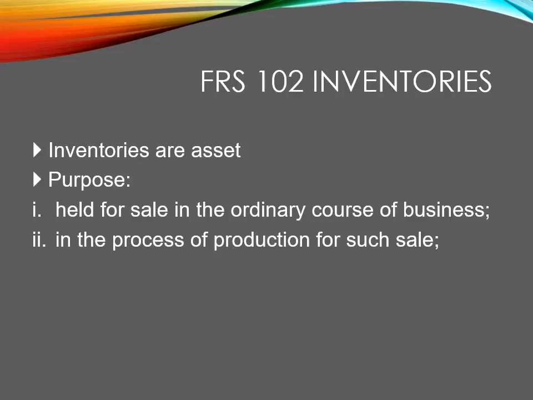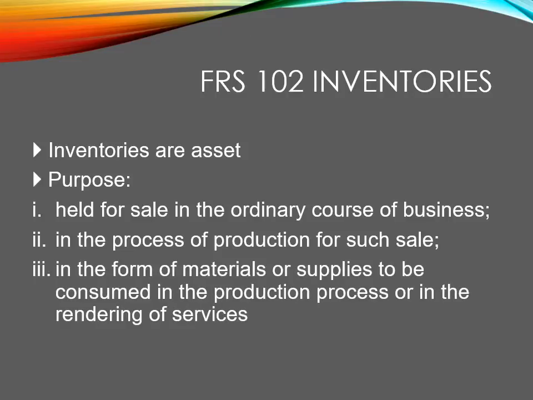For example, the production is not really finished yet, so it is in progress, and it can be categorized as inventories. And the third one is in the form of raw materials to be consumed in the production process or to provide the services of the company.